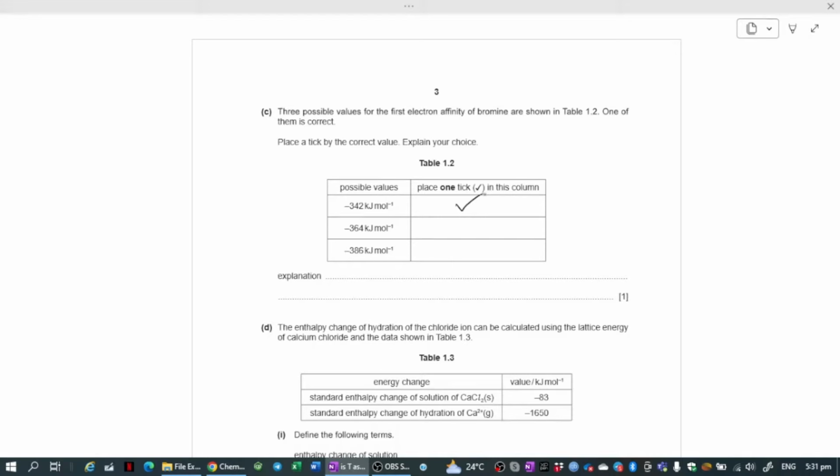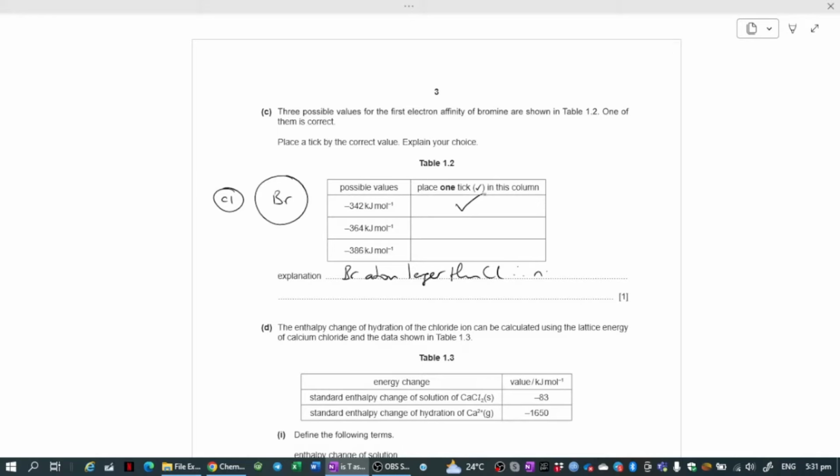And the answer is because of the atomic radius. Chlorine is a much smaller atom than bromine because bromine has an extra quantum shell. So what actually happens is the bromine atom is larger than chlorine. And what does this mean?